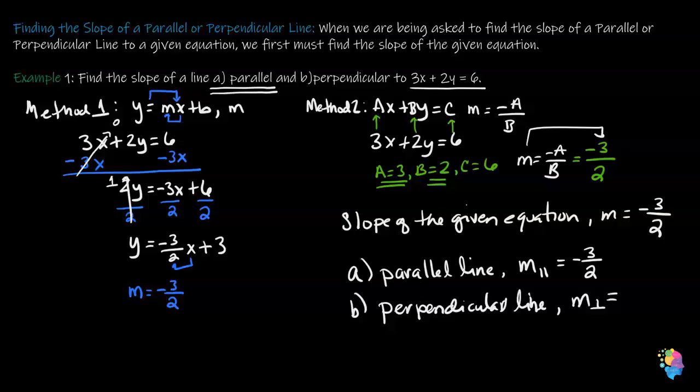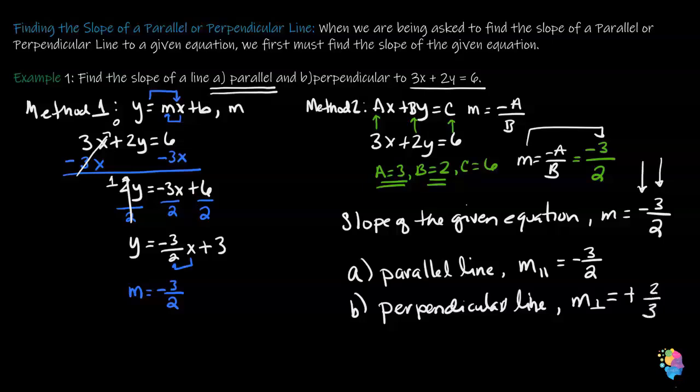Now remember, the slope of the perpendiculars are supposed to be opposite in sign. So since the slope of the given equation is negative, then the slope of the perpendicular line will be positive. Now the slope of perpendicular lines are also reciprocals of each other. That means since the slope of the given line is 3 over 2, the slope of the perpendicular line will be 2 over 3.